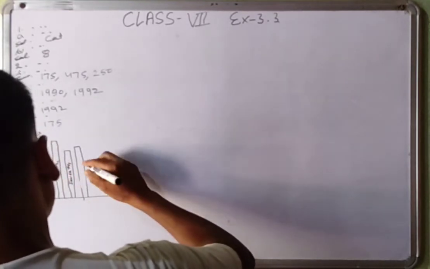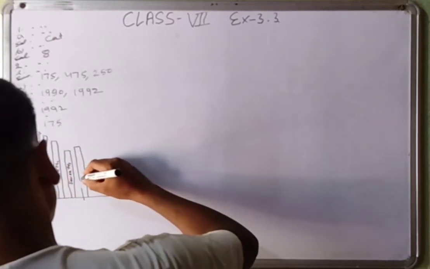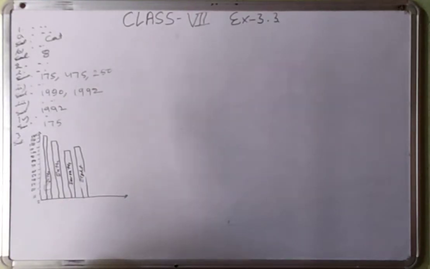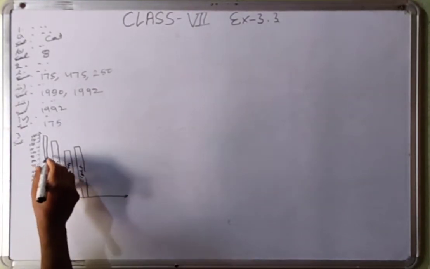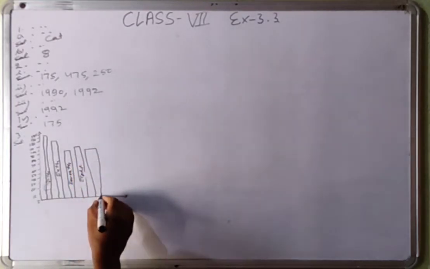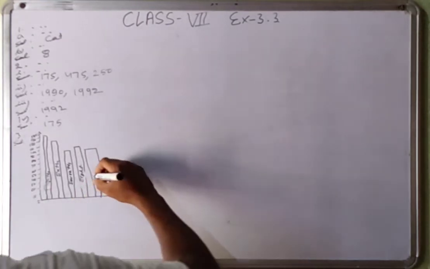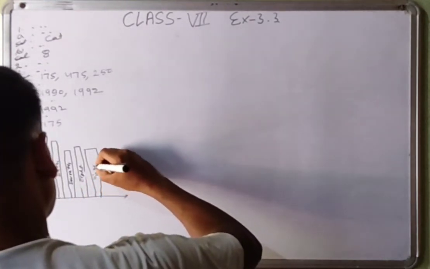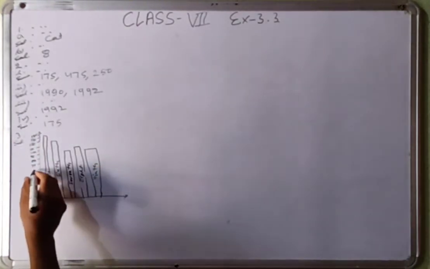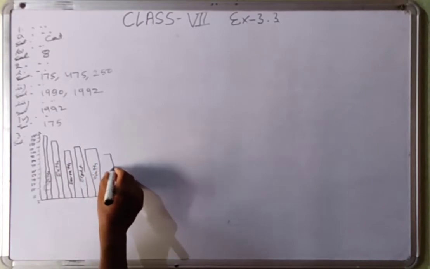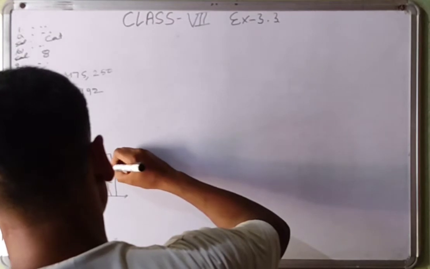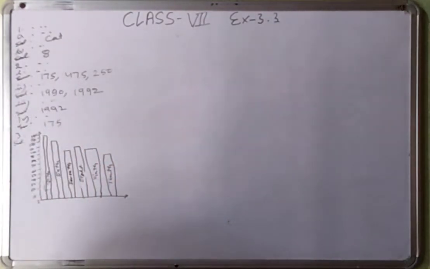No, sorry, eighth, that is eighth, and then 90, just less, that is ninth, 80, 10th. This is the bar graph.